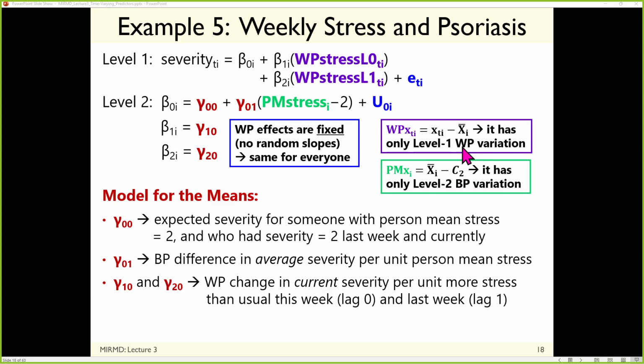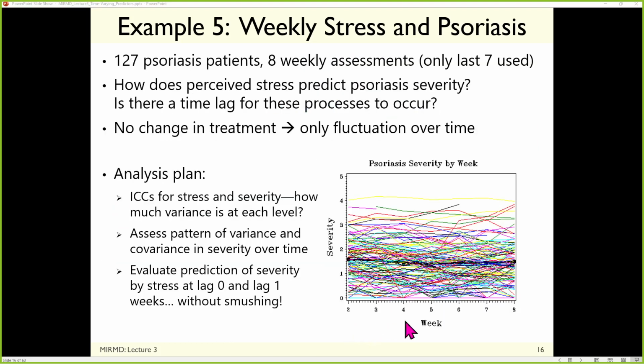So there are routines to do this, by the way, in most packages. You can ask it to help you shift your data. The trick is not to lag the last occasion of the first person into the next occasion of the second person. That's the catch. And because I knew that I wanted to look at lag 1, that is why I only had weeks 2 through 8 in the model.